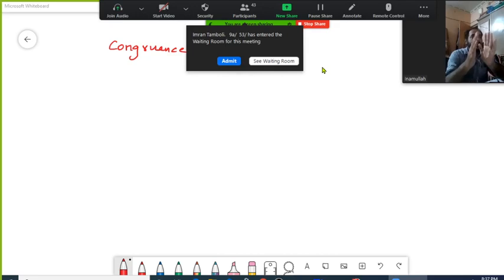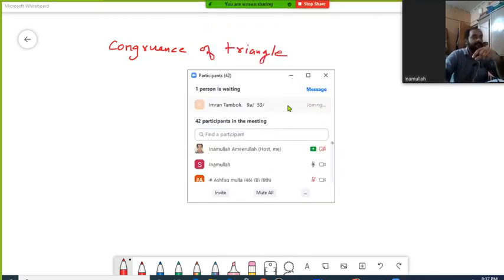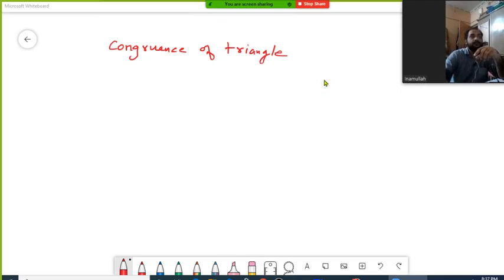So I can conclude that these two palms not only look the same, but their dimensions are also equal. That is the reason they cover each other completely. So this is an example of congruent. So both my palms are congruent to each other.